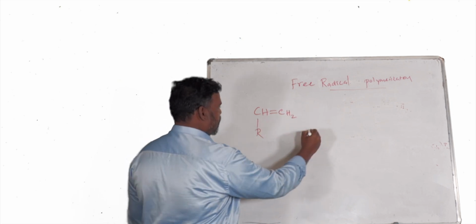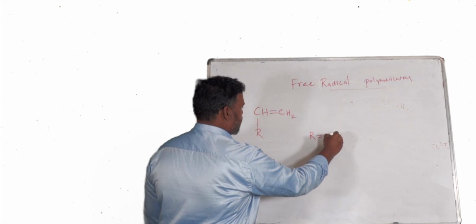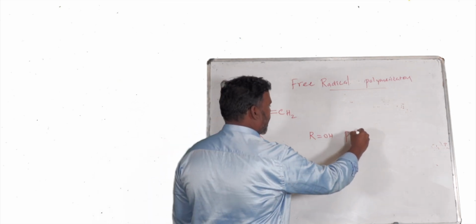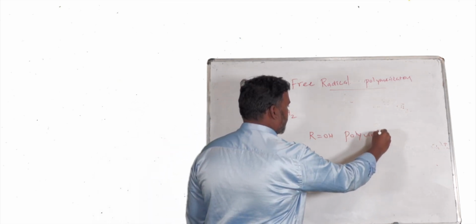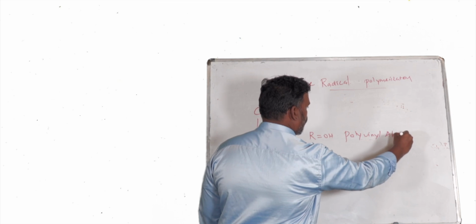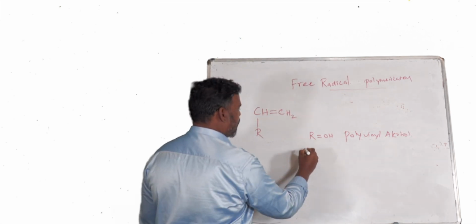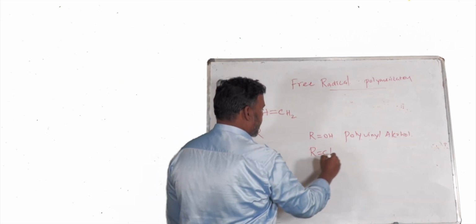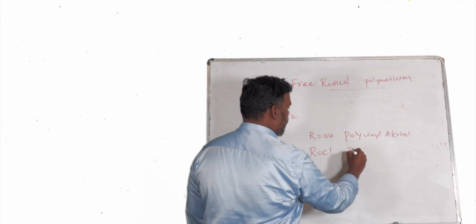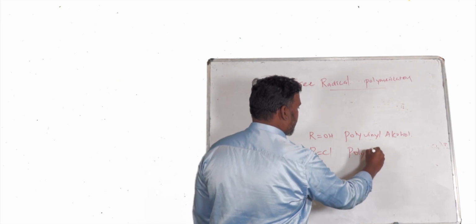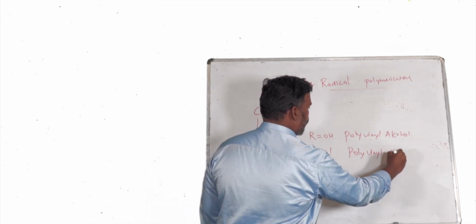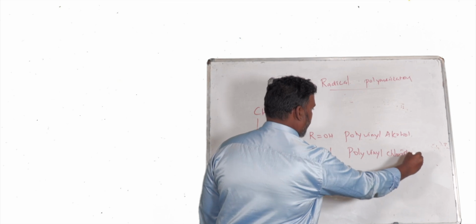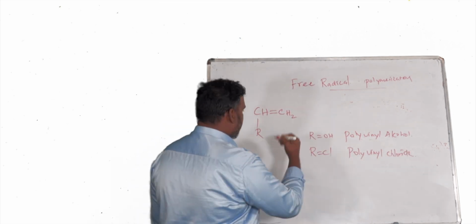If OR is hydroxyl, then it is called polyvinyl alcohol. Let's say OR is Cl. If it is Cl, it is called polyvinyl chloride. You can come up with n number of names.